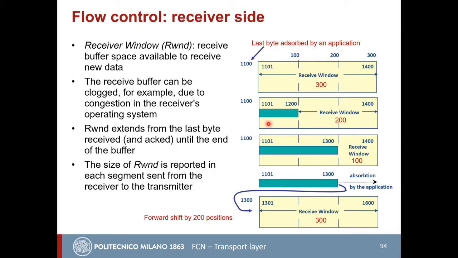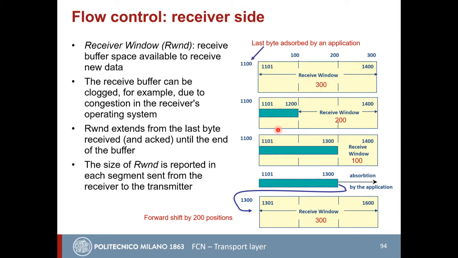Now you see that these bytes are received correctly, so the segment is acknowledged back to the receiver, and they are not immediately read by the application. Okay, so they remain in the receive buffer, and as a consequence, the receive window starts shrinking. It was 300, now it's 200.